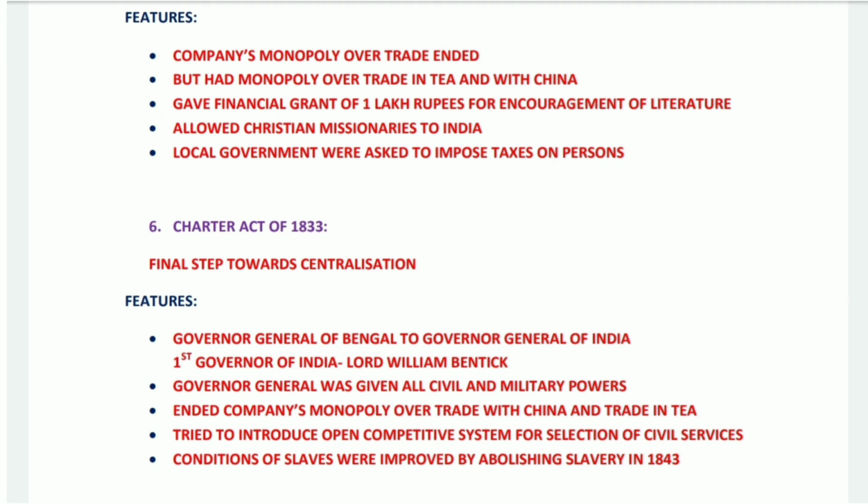And under this act, it also tried to introduce an open competition system for the selection of civil servants, but it was opposed by the Court of Directors, so this idea was dropped. And this Charter Act of 1833 also improved the conditions of slaves. So for this, slavery was abolished in 1843.